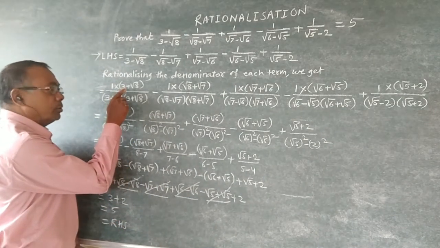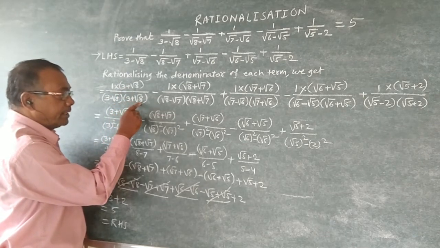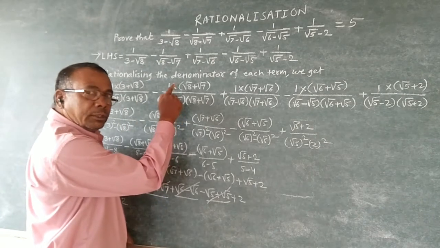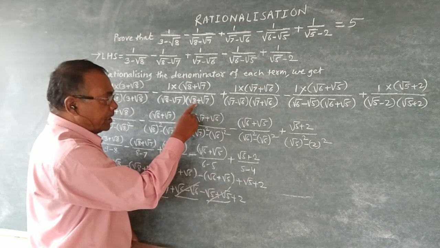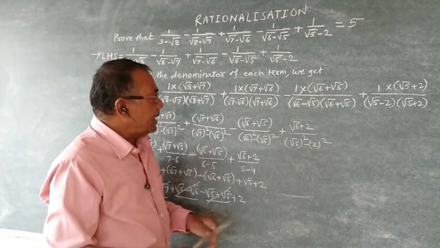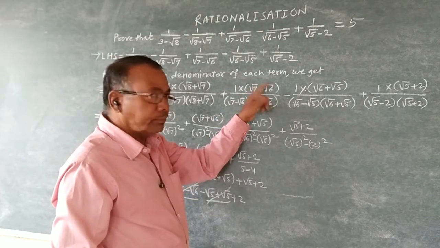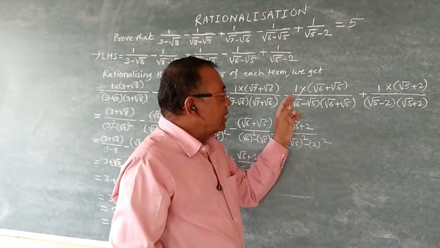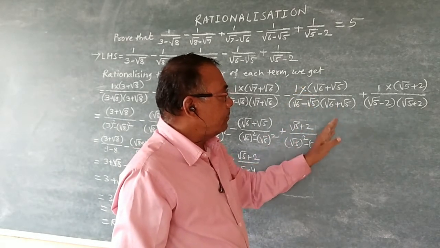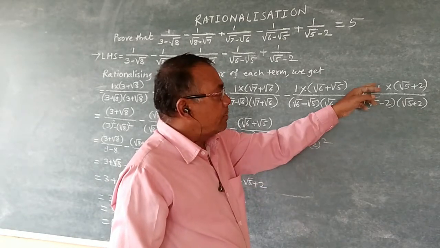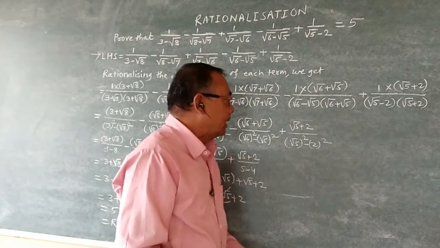So we multiply the numerator and denominator of the first term by 3 plus root 8, the numerator and denominator of the second term by root 8 plus root 7, the numerator and denominator of the third term by root 7 plus root 6, the numerator and denominator of the fourth term by root 6 plus root 5, and the numerator and denominator of the last term by root 5 plus 2.